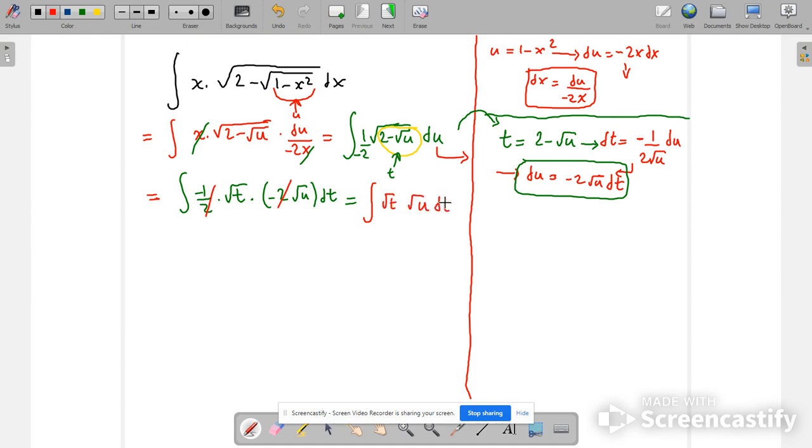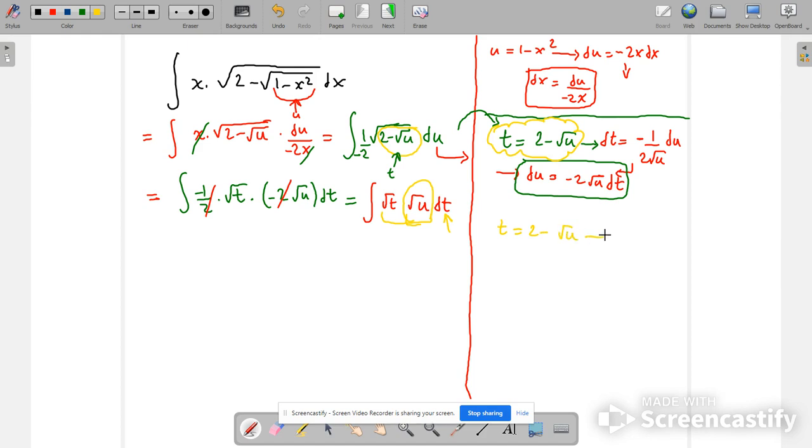But because we are taking the integral with respect to t, everything inside the integral should be based on t. So for this square root of u, we need to find something based on t. How can we do that? We call t as 2 minus square root of u.